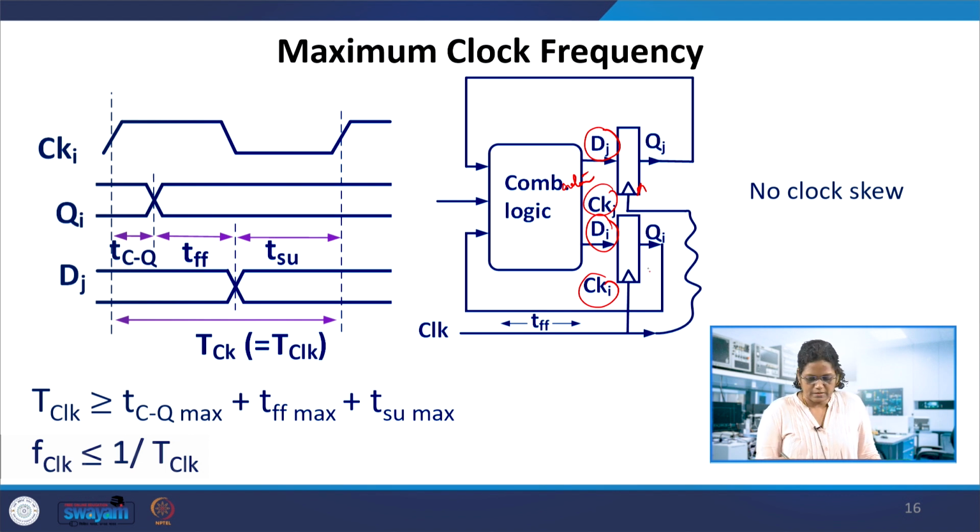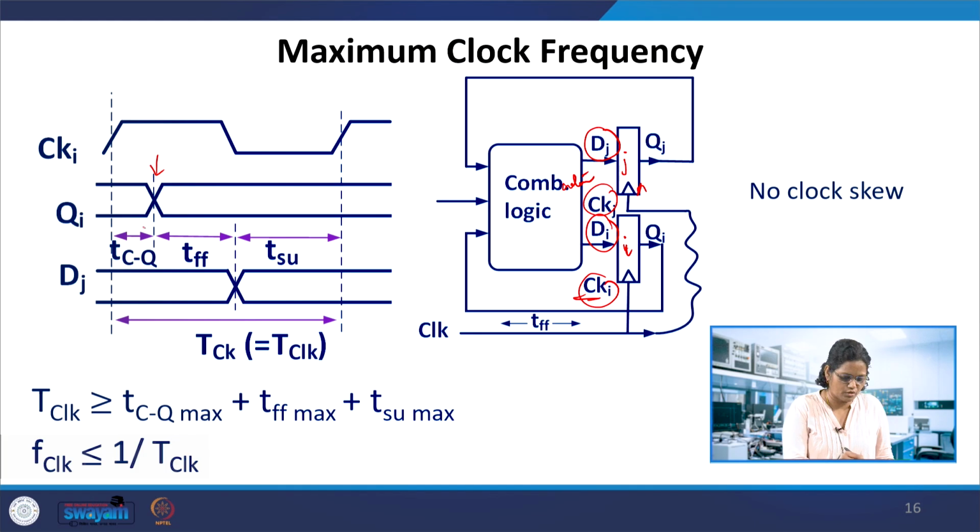So, if you consider this Cki, that is the lowest one, this flip flop, suppose this is the ith flip flop and this is the jth one. So, Cki is the clock given over here, and suppose the data changes, the previous data has changed the data output here.